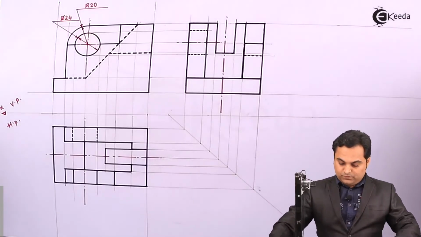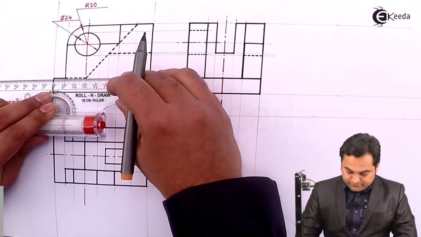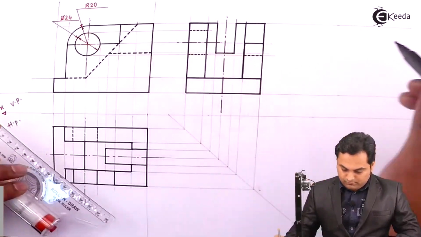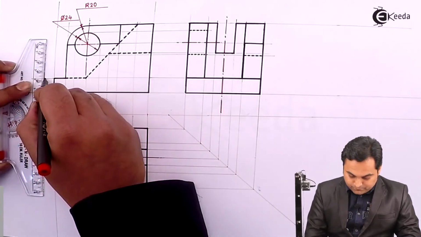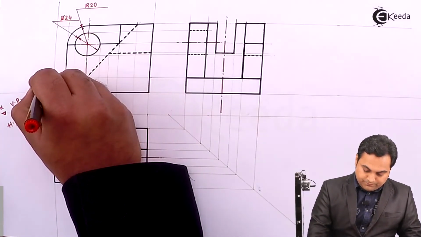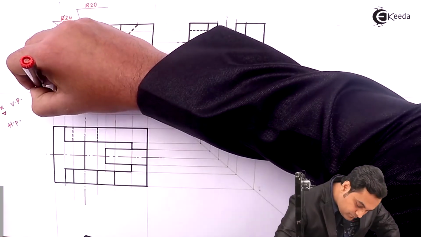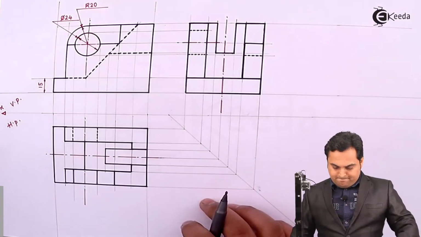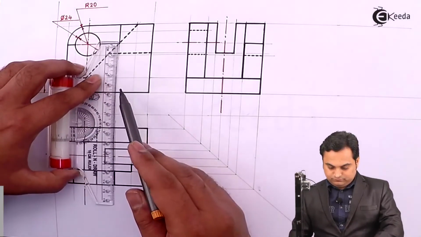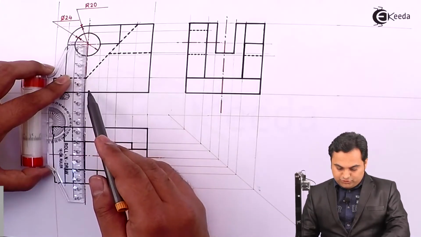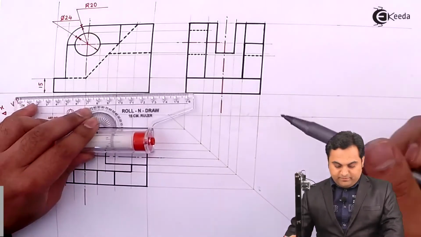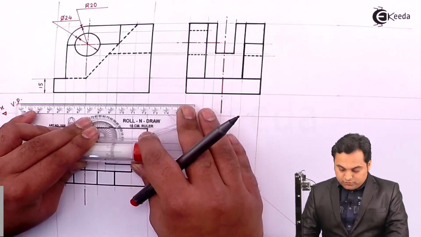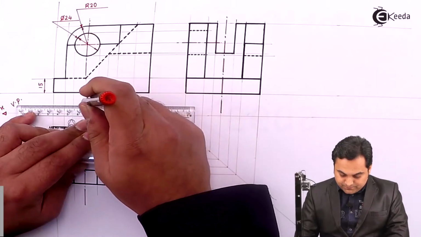Next, the height of the plate, 15 mm. The length of these portions, and remember dimensions should be medium dark, so I'm using red color here, which would be indicating the medium dark lines.